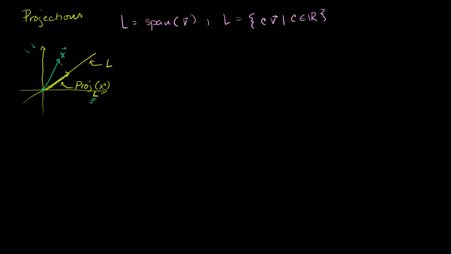So this was a subspace when we defined this. And just as a bit of a reminder, we were able to figure out what this projection is for some line L. If you have some spanning vector, the projection onto this line L that goes through the origin of the vector x, we figured out it was x dot your spanning vector for your line, so x dot v over v dot v, which is really just the length of v squared.